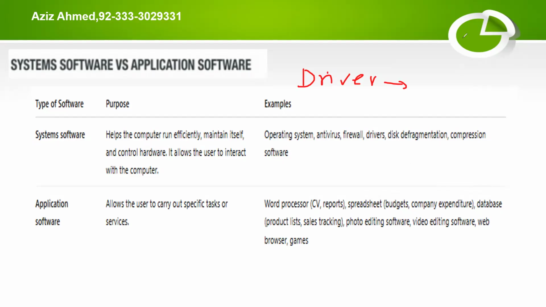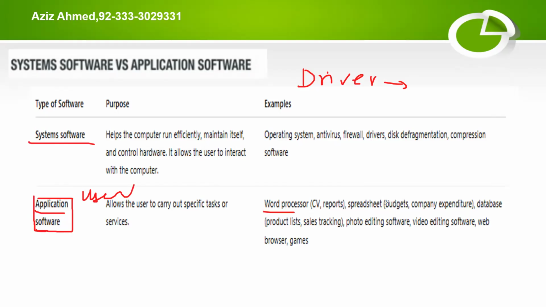Basically, there are two types of software. One is system software, second is application software. Application software are those software which are used by the user. Using application software, the user performs specific tasks. If you want to type, you will use a word processor.